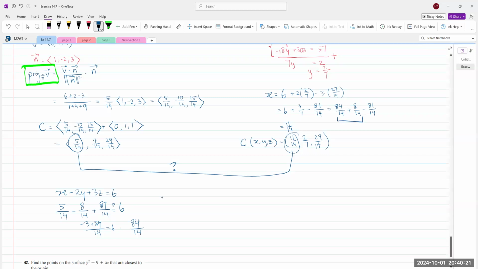This gives me 92 minus 81, that's 11? Why is it like that?